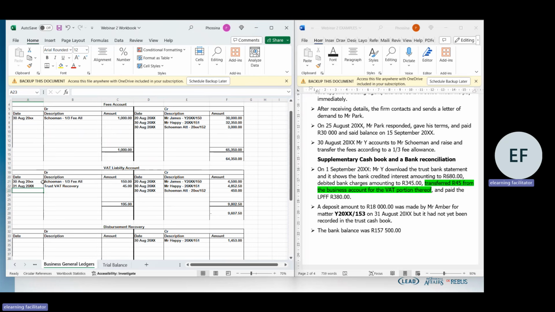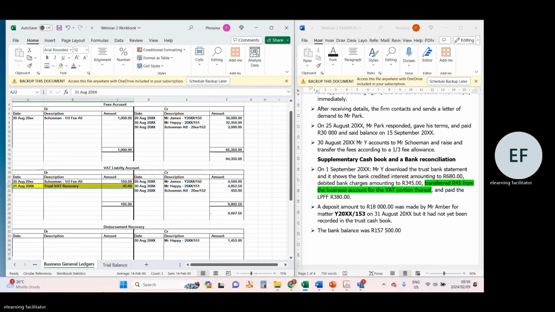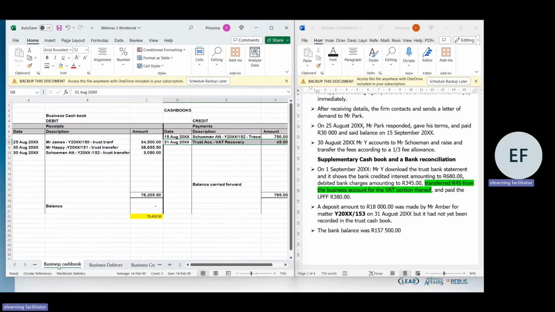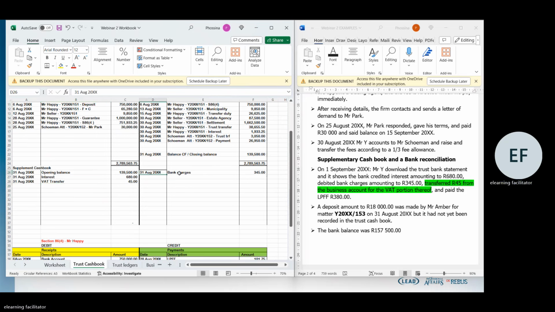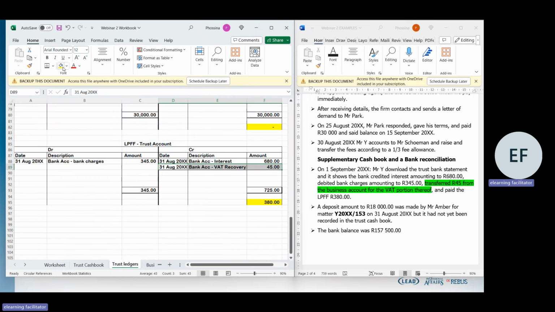So you can see it has got all transactions that are coming in. Anything that involves the business account and the business, it will carry on to the transactions, which is 1. And then we go to our business cash book, 2, into our trust cash book, this one 3, into our ledger 4.